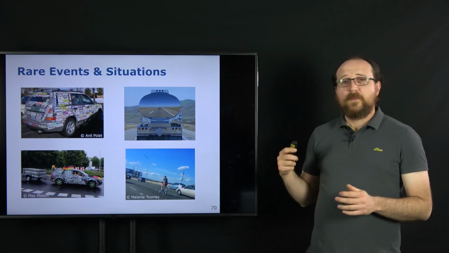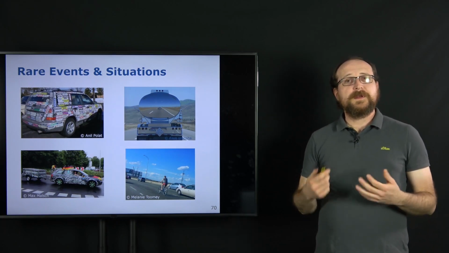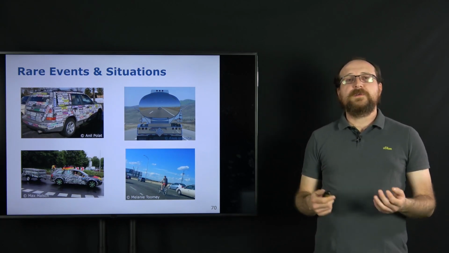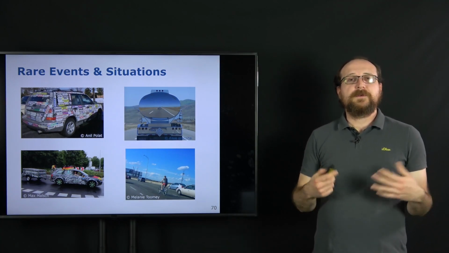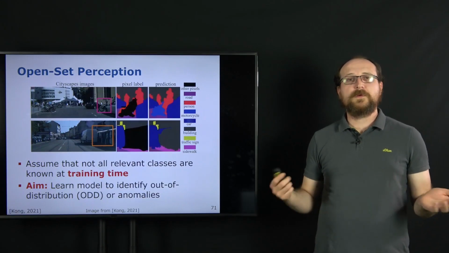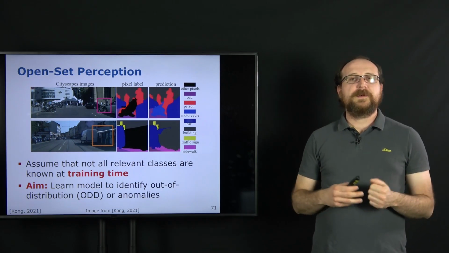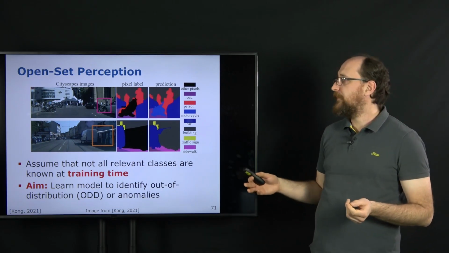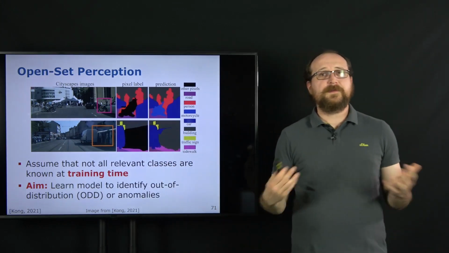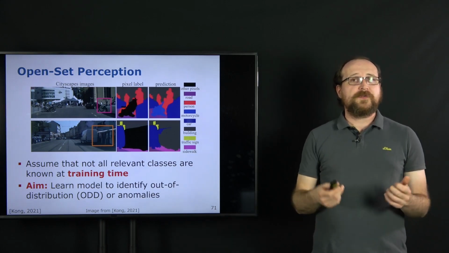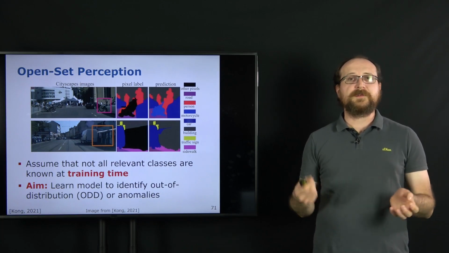And one current research direction is to handle such situations in a clever way by not only considering the classes that we know, but also the classes that we are not aware of. This is the so-called open set perception. That means that not all relevant classes are known at training time. Here's an example from Cityscapes. The authors of the dataset have to make a decision about which classes to annotate and which classes they are not sure about, or just leave out.